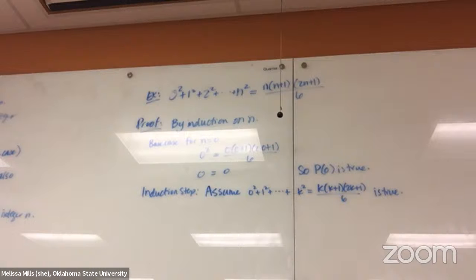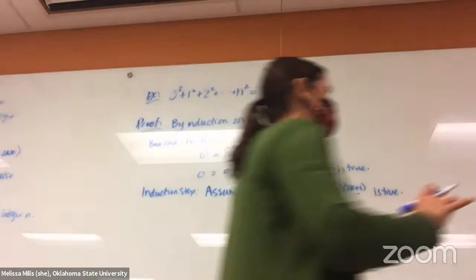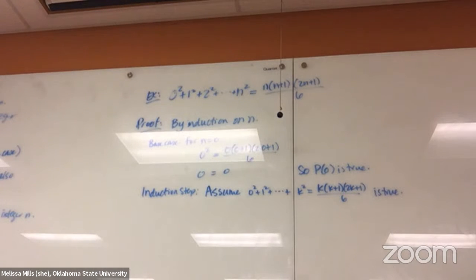So what would the statement P_{k+1} be? Let's just go over here and write it down. This is where we're trying to get. Well, that statement is 0 squared plus 1 squared plus up through k squared plus (k+1) squared is equal to, now I'm going to plug in k+1 for n, so I'll have (k+1) times (k+1+1) times 2 times (k+1) over 6.